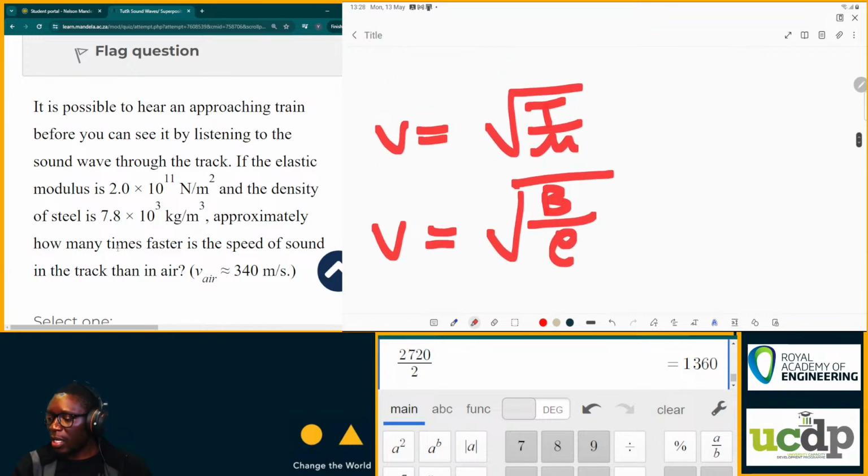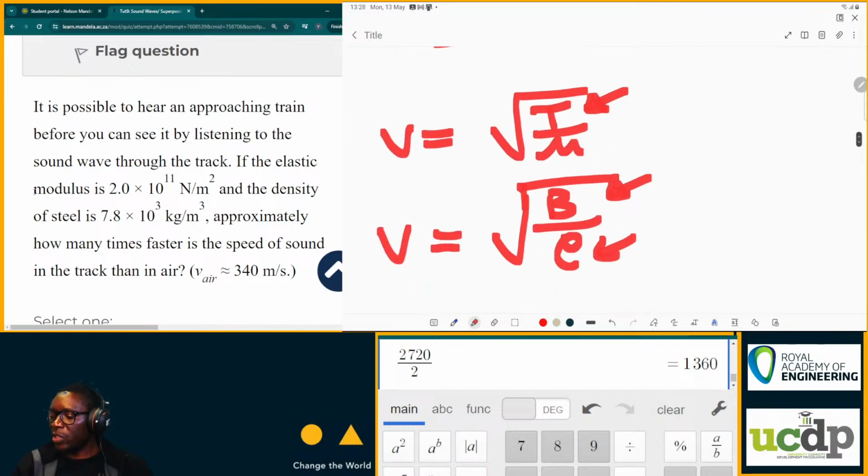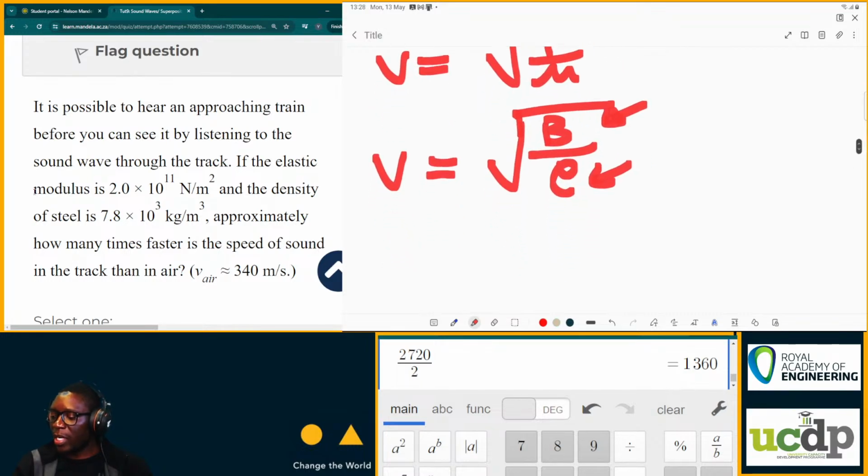It's the elastic modulus, so it's always the property at the denominator, and it's always the measured quantity which relates to the force in the numerator.